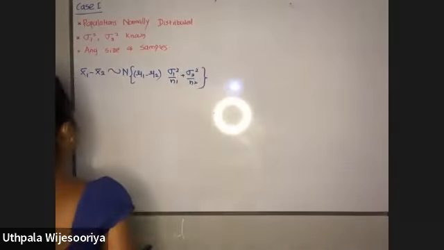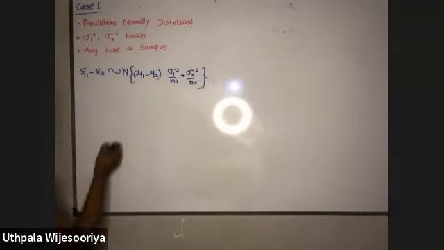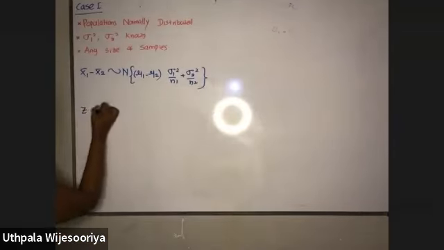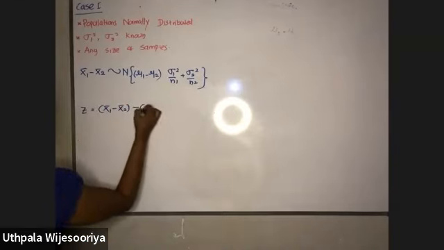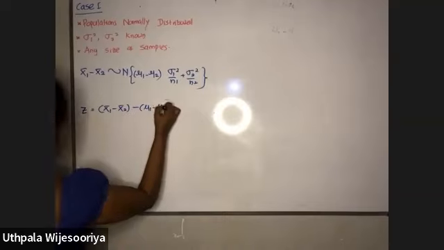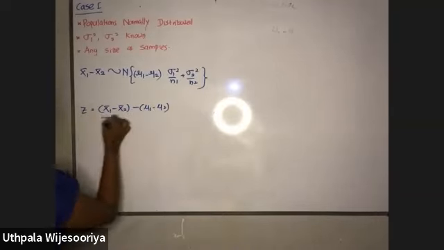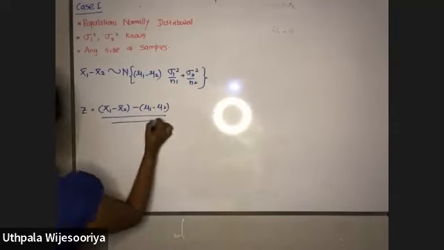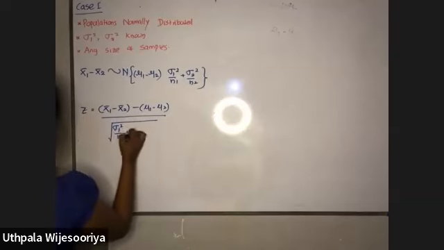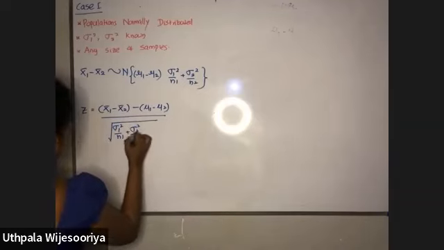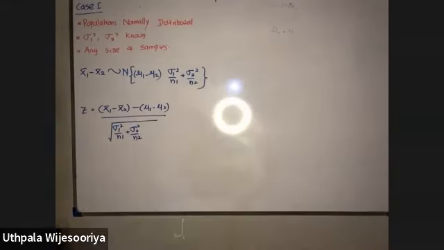So what about your Z value? Z is equal to x bar 1 minus x bar 2 minus mu1 minus mu2, over the square root of sigma 1 square over n1 plus sigma 2 square over n2. That is case 1.